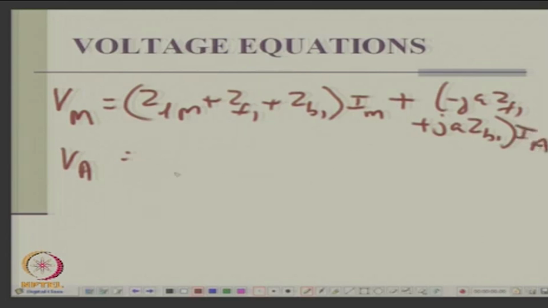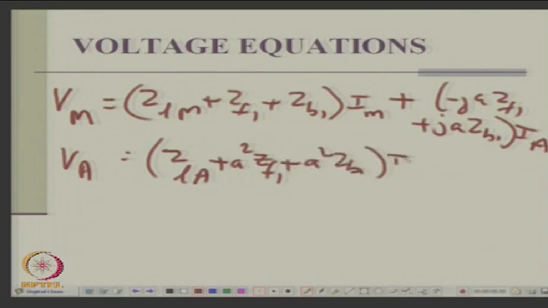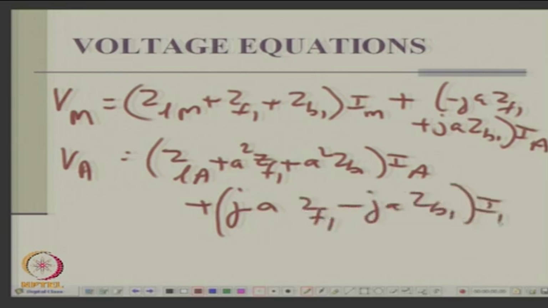Okay. Then Va is again Zla plus a square Zf1 plus a square Zb1 into Ia plus jaZf1 minus jaZb1 into Im. Okay.